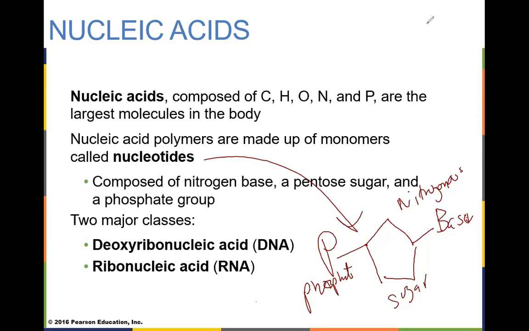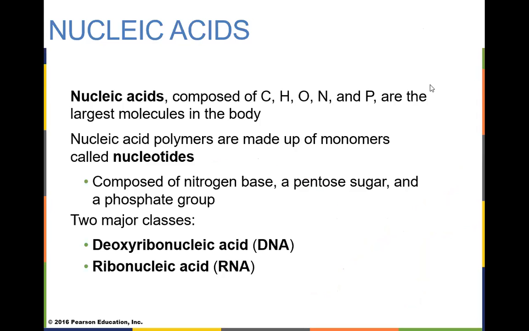We say the one with oxygen is the ribose sugar. The one without the oxygen is the deoxyribose sugar. And so with these nucleotides, we can create deoxyribonucleic acid, or DNA, or we can create ribonucleic acid, which is the RNA. And of course, we know that DNA is the basis for all of our genetic information.